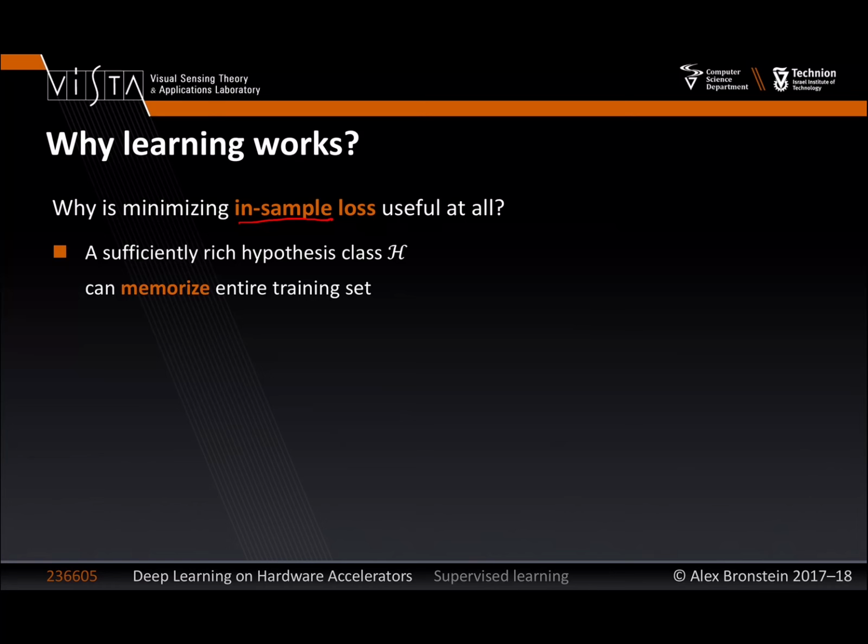What will be the value of the in-sample loss, let's say in the case of the L2 loss? It will be strictly 0, right? So I'm going to do a perfect job on my training set. And then comes the inference time. At inference time, I am facing a previously unseen instance, and I would like to give it a label. Will this lookup table give anything meaningful? No, right?